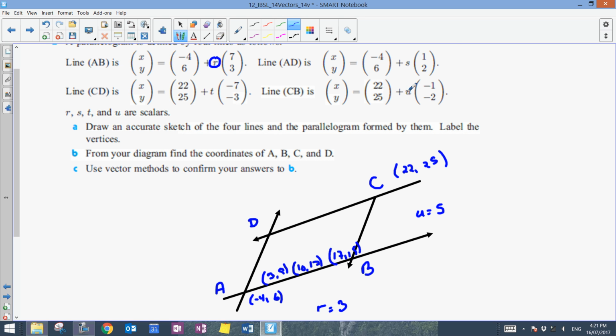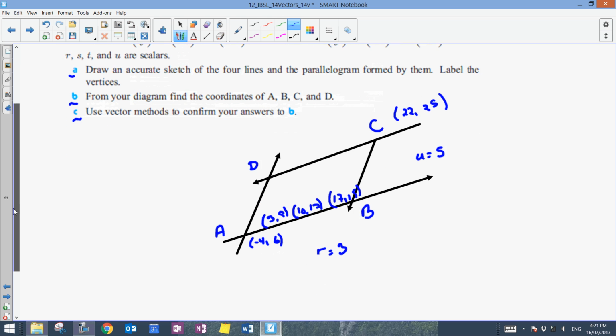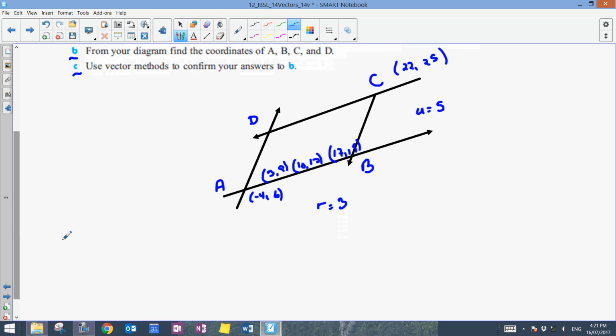Those are my scalars. This is what part B is asking you to do, or we could use a more strategic approach, which is setting our vector components equal to each other. If I wanted to figure out what R and U are, I would set AB equal to CB to see what this point of intersection is.